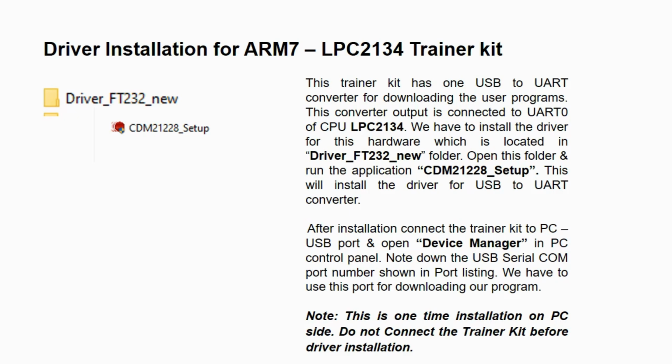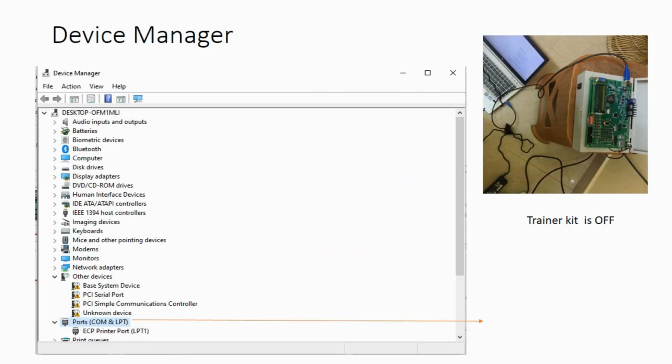The serial COM port number is required to make the connections. By means of the device manager we can identify which COM port is connected. So the first step is the installation of the Keil software, and the second step is the driver installation.